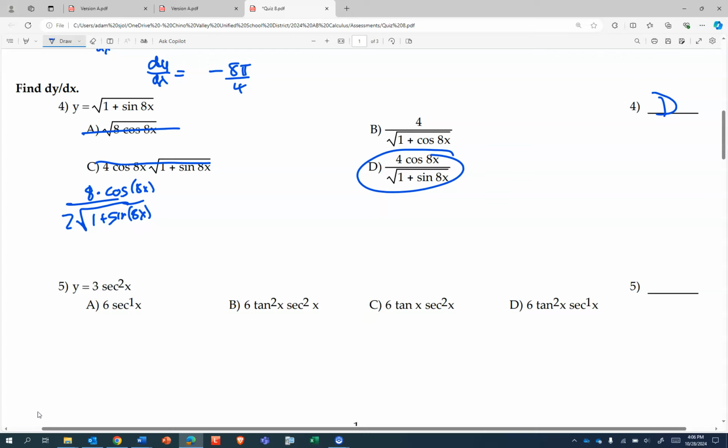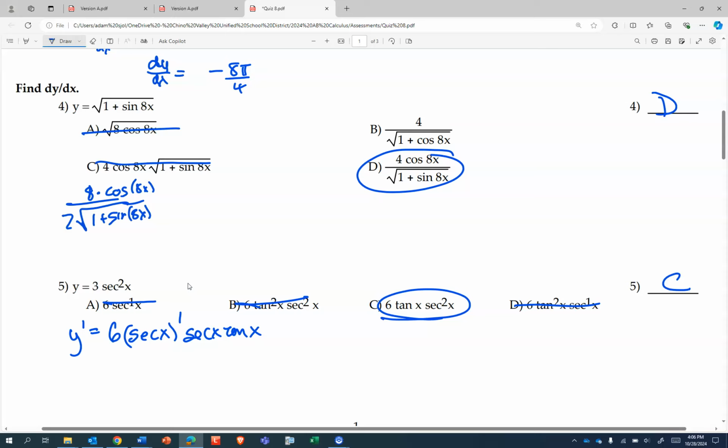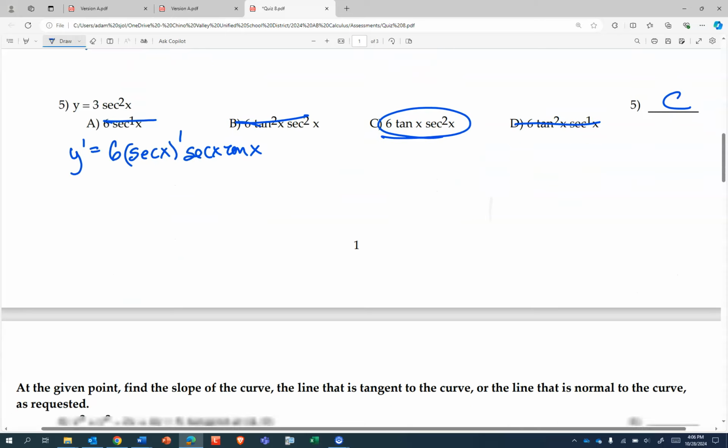I'm trying to go through this to show you the correct speed so that you have time to go back. So still finding the derivative, and it says dy/dx, we don't care, so that's secant to the first power, and times secant x tangent x. And so we just need to make sure tangent, there's one, I'm pretty sure it's this, it's tangent squared it is. Make sure you're eliminating answer choices.